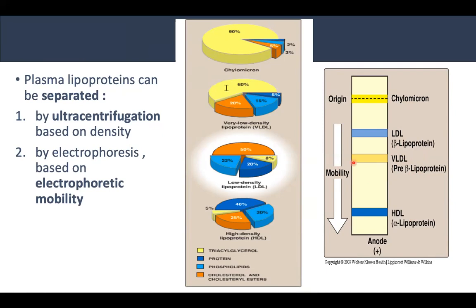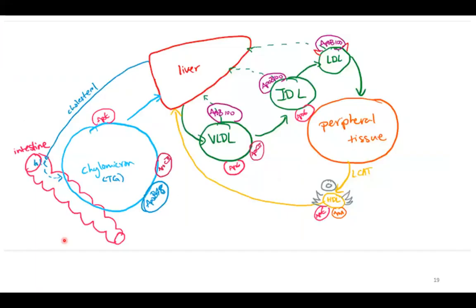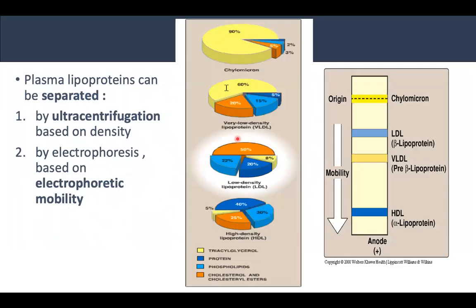VLDL, if you look at my previous diagram, has more apolipoproteins. It has more proteins versus LDL only has one. LDL only has one apolipoprotein. I'm going to really nail this into you guys, don't worry, but it's ApoB100. And so it doesn't have as much polarity, right? Because it's proteins that cause polarity, versus my VLDL is more polar.